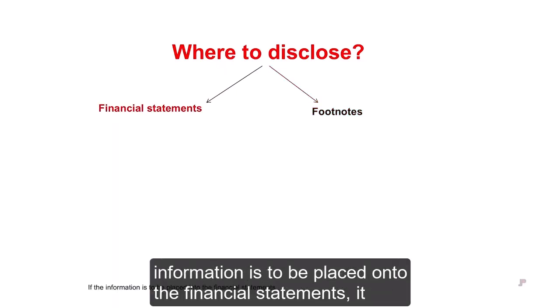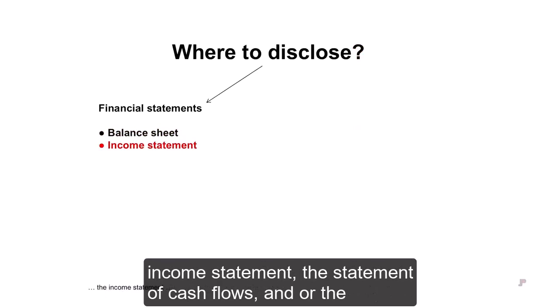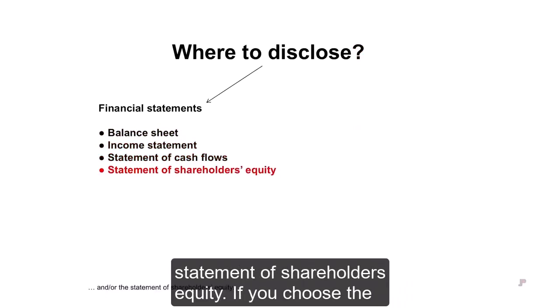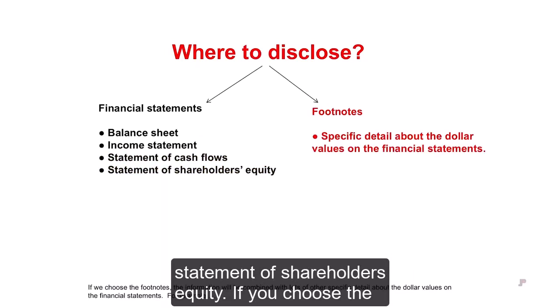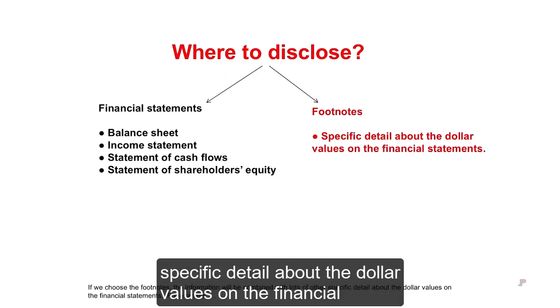If the information is to be placed onto the financial statements, it will appear in the accounts that comprise the balance sheet, the income statement, the statement of cash flows, and/or the statement of shareholders' equity. If we choose the footnotes, the information will be combined with lots of other specific detail about the dollar values on the financial statements.